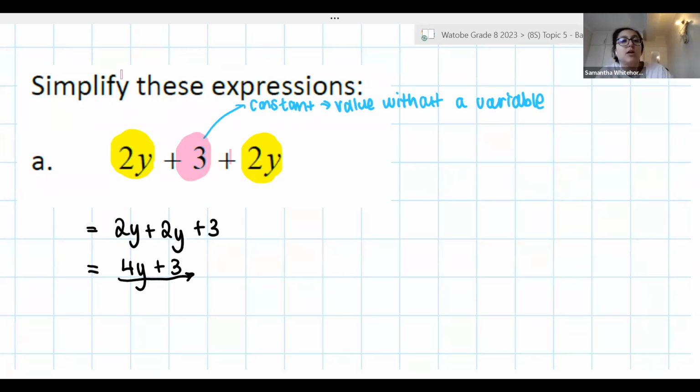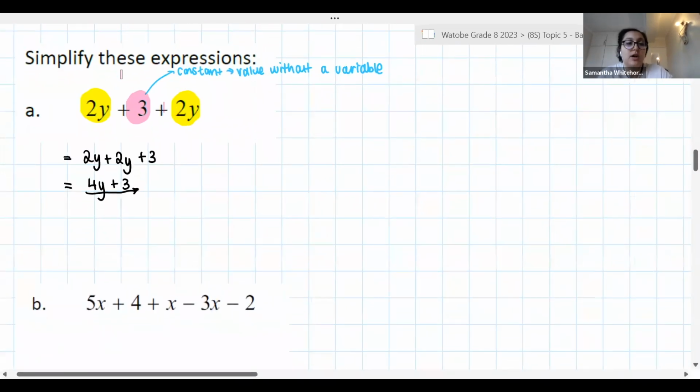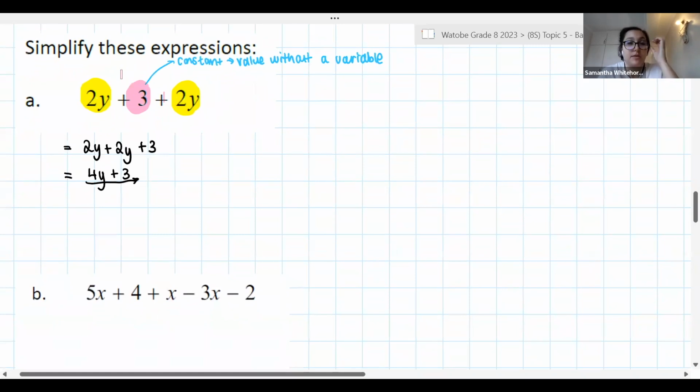Okay, so guys, this is now answering the question of what happens when we have different variables or terms that aren't all like terms. We group them together, we add what we can add, and that's that. So using that, I want you to try question B for me.